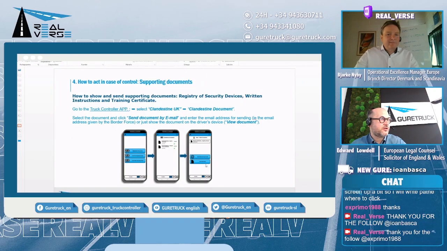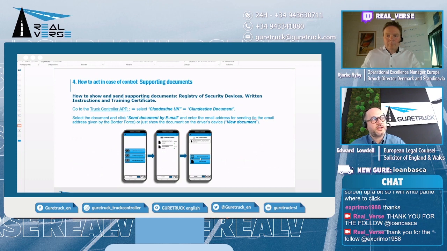And we can either view the documents, also as you've just seen, or we can click here, which is send document by email. So if we do want to send it to someone in our traffic department or to roadside enforcement, we click here, and then a window will open whereby you write in the desired email, and this document will be sent to whoever you want.